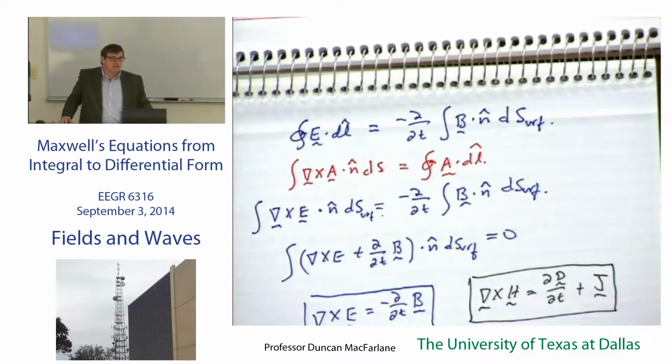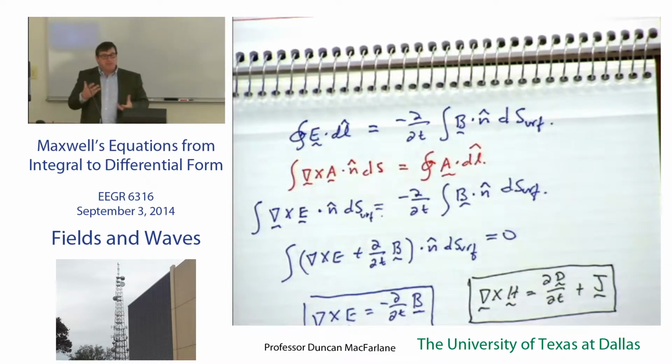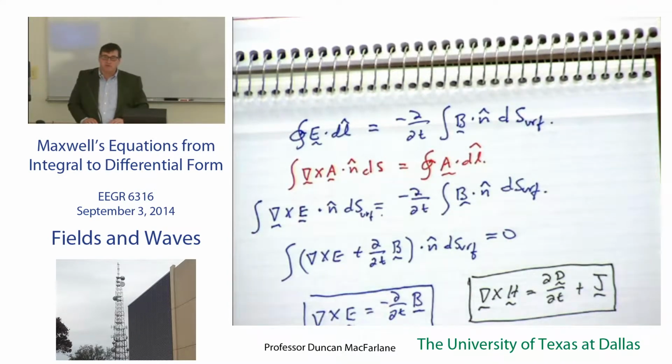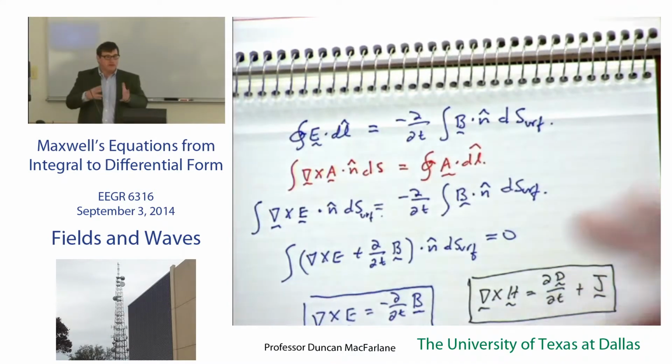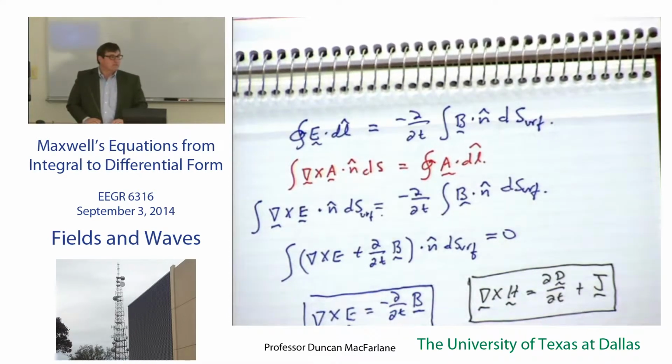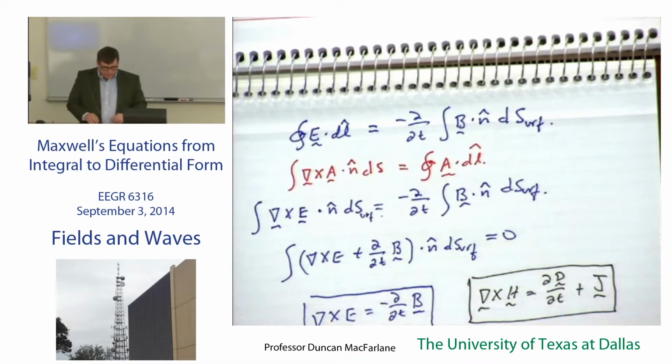I appreciate that. But that kind of insight robs you. If you rely on things that are too symmetrical, it robs you of the ability to do really preposterously interesting engineering fixtures. Okay, so that's why we want to play with Maxwell's equations in differential form.